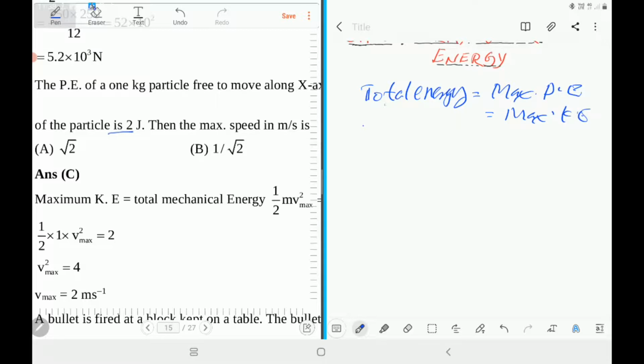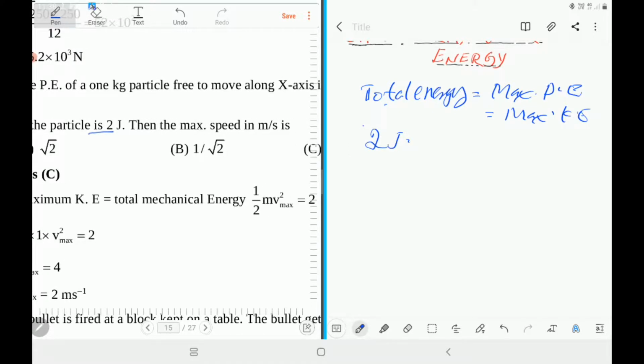This is the law of conservation of energy. He says total energy is 2 joule. Let's not bother about potential energy. We want only maximum velocity. So for maximum speed, let's write the maximum kinetic energy as half m v maximum square.